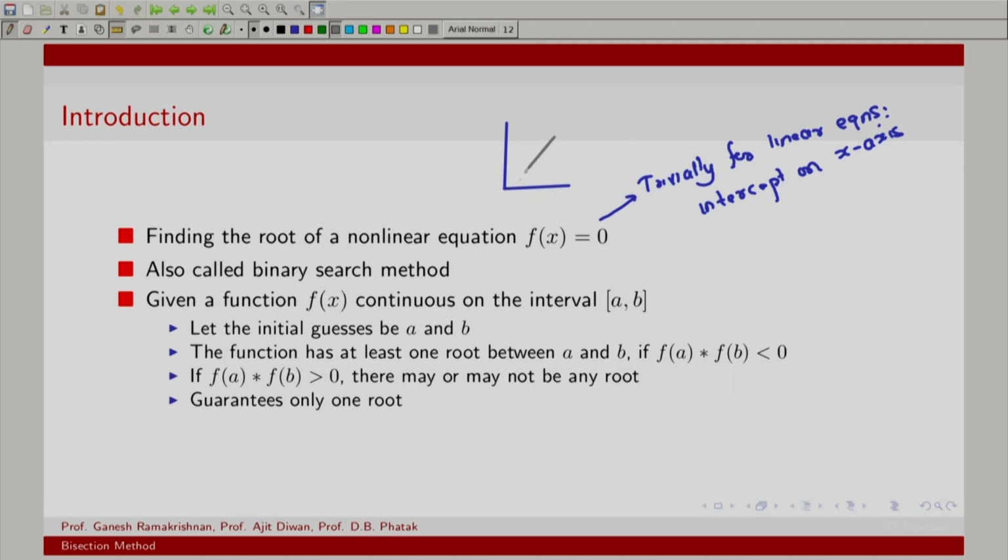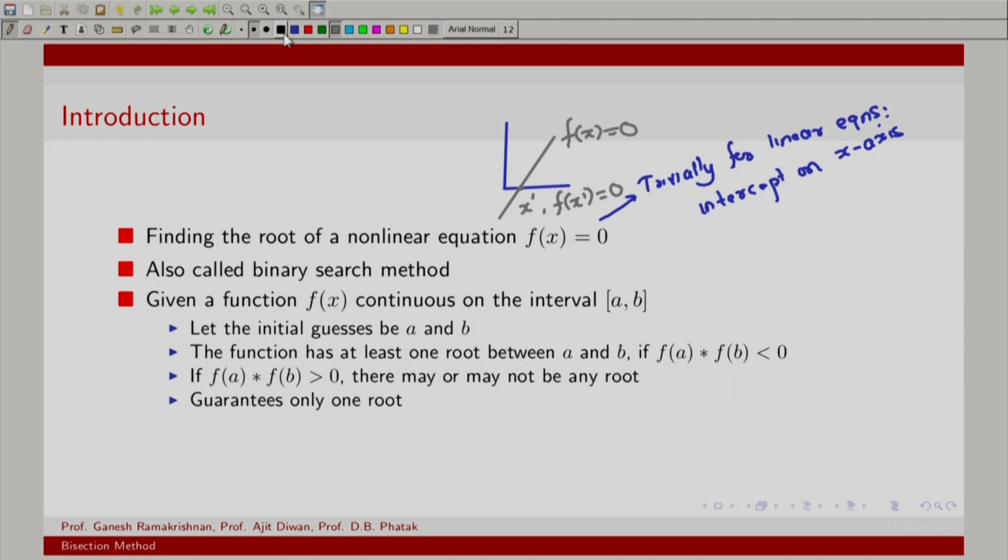Pictorially, this is what we mean. If this were your equation f(x) equal to 0, this intercept x dash would correspond to f(x dash) equal to 0.